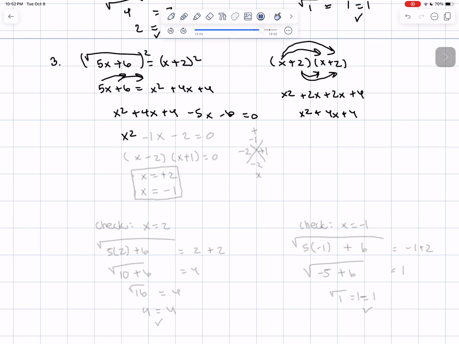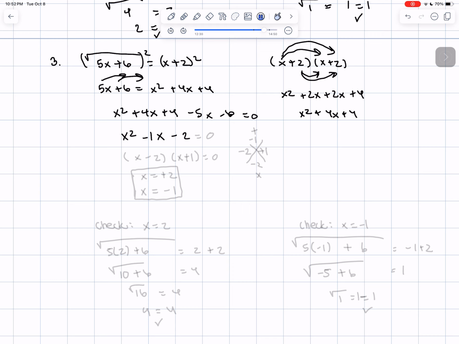Four minus 5x gives me what? So 4 minus 5 will give me negative 1, so I just get minus 1x. And then what about 4 minus 6?